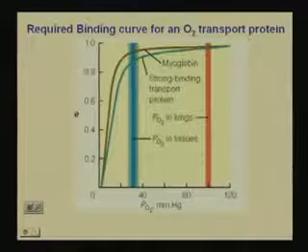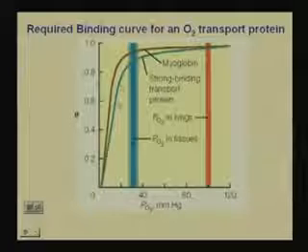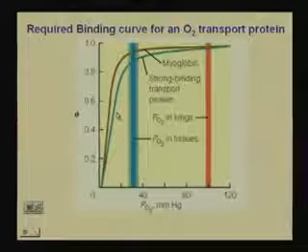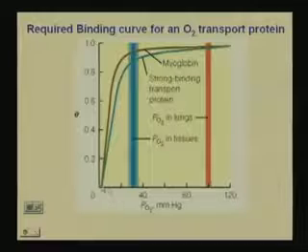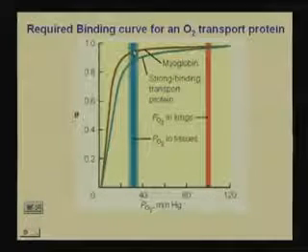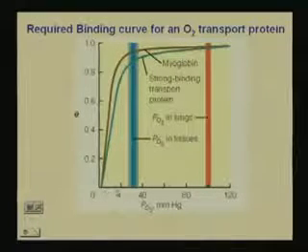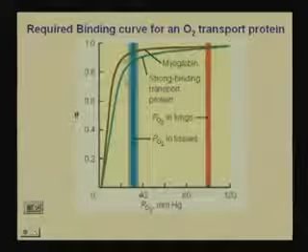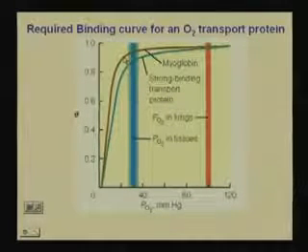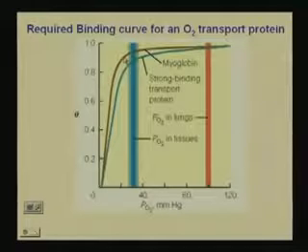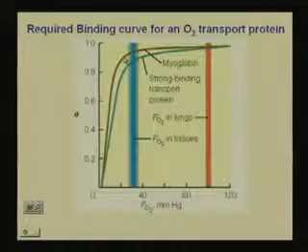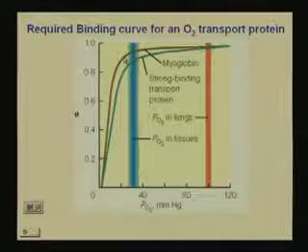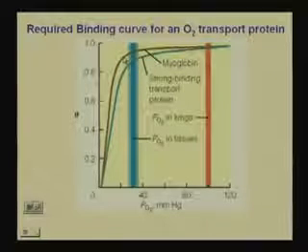If this is the hyperbolic curve for myoglobin, what we have in the blue curve here is a strong binding. Why do I say a strong binding? If you have a hyperbolic curve, it means that even at a low pressure of oxygen, you have reached 80% saturation. Is that clear?